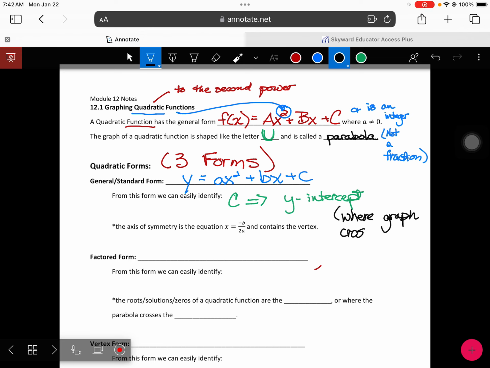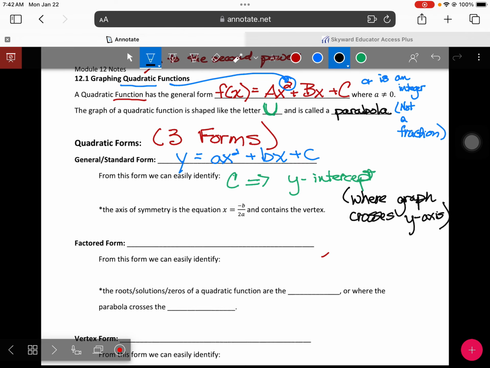So the y-intercept is where it crosses the y-axis. The x-intercept, if we had talked about that, is where it would cross the x-axis.